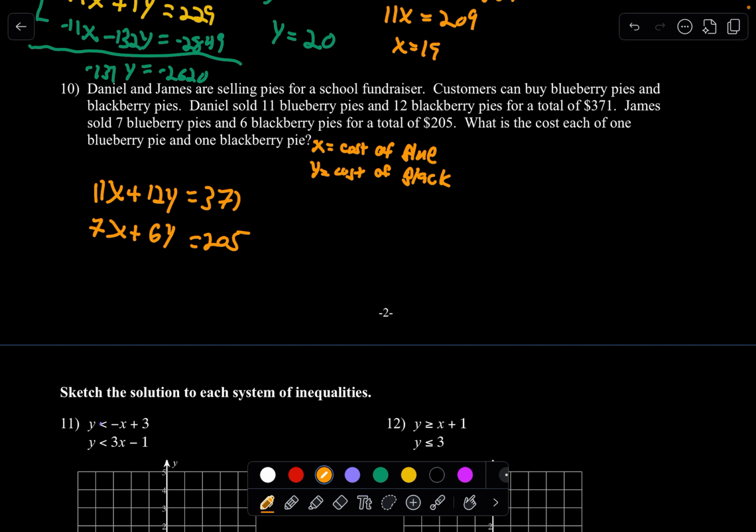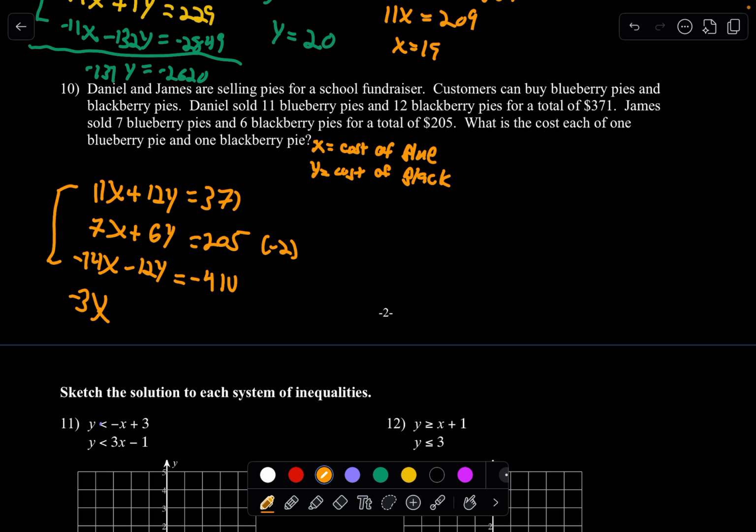And I would probably multiply the bottom equation by negative 2, which would give me negative 14x minus 12y, because I'm going to kill the y's from these two, equals negative, I'm doing this without a calculator, negative 410. So if you add these together, 11x plus negative 14x is negative 3x.